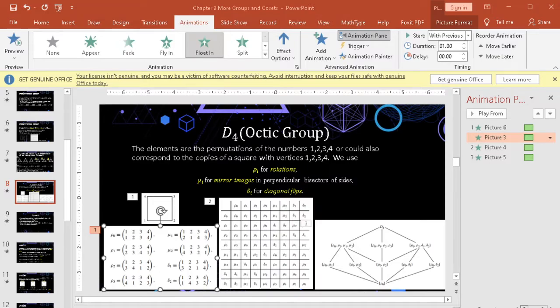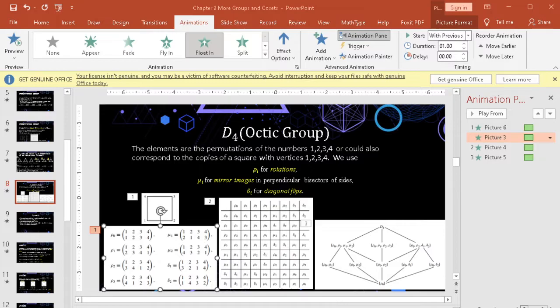Sige, i-compute na nga natin. First, isulat natin as a product of disjoint cycles, and then transposition. Bakit natin gagawin yon? Para alam natin kung there are even number of transposition or odd number of transposition.